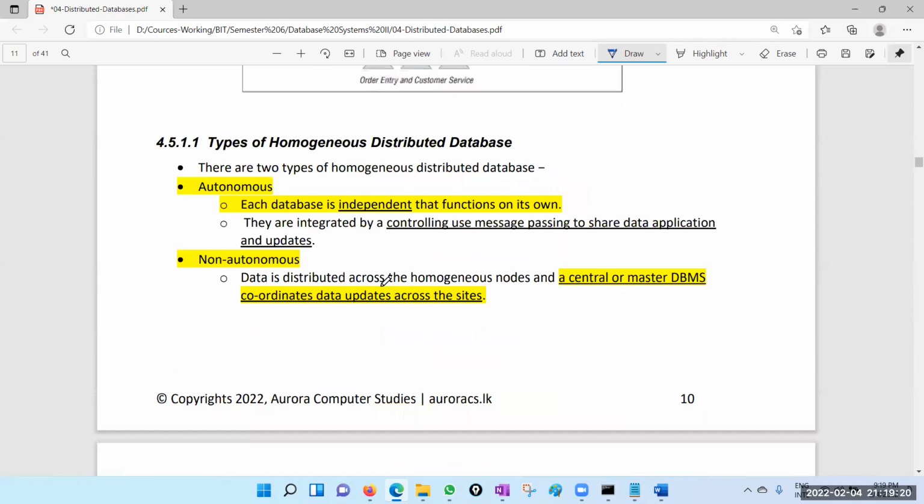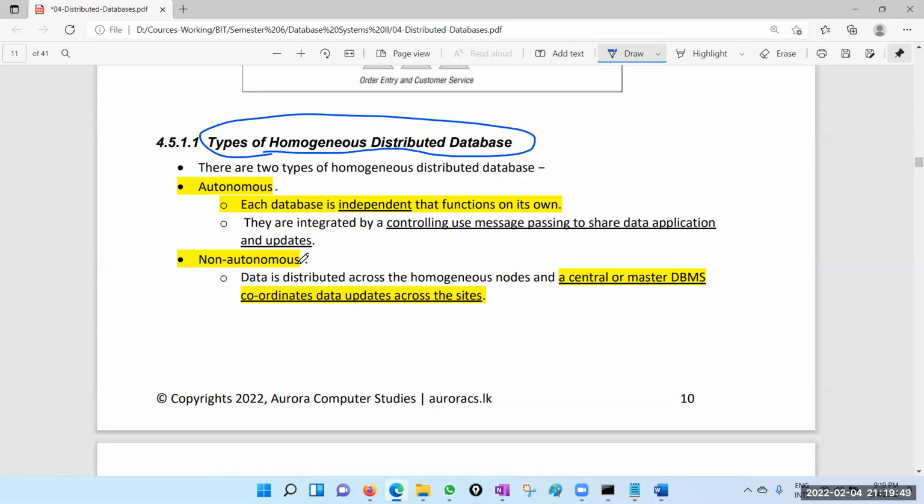Right. So when it comes to homogeneous distributed databases, right, you can identify two types, autonomous and non-autonomous. Right? Autonomous means each database is independent. So they can act on their own as well. Okay. They can collaborate at the same time, they can act independently as well.